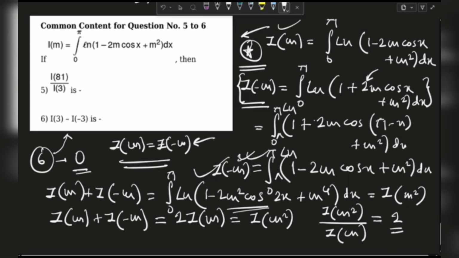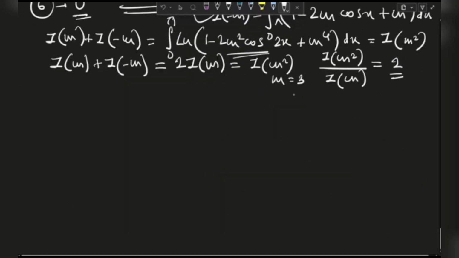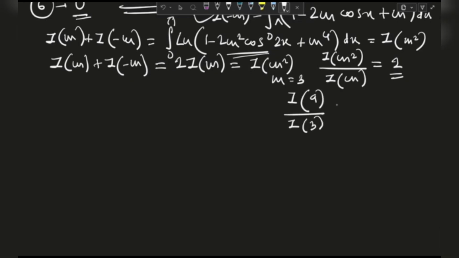So now number 5 option basically tells that we have to put m equal to 3. Okay, just a minute. So we will first put m equal to 3. We will have I9 by I3 equals 2. And because we had I81 here, I am putting m equal to 9 here once again.